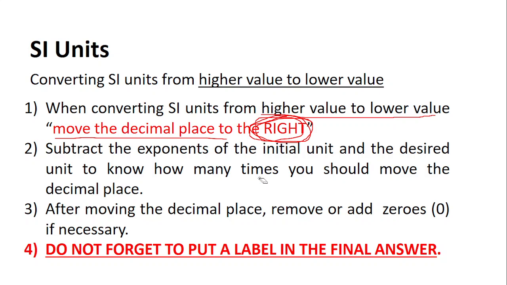So, aram naton na if ginpa-convert kita from a higher value to a lower value, i-move lang natin ang decimal place class to the right. Okay, so aram ta na. First step, aram ta na to the right kita ma-move. Now, next step, we will subtract the exponents daw. You will subtract the exponents of the initial unit and the desired unit.